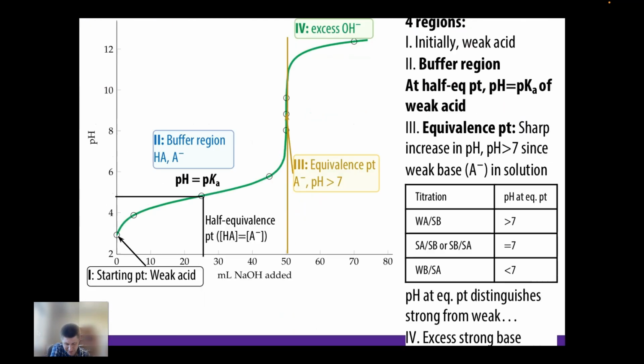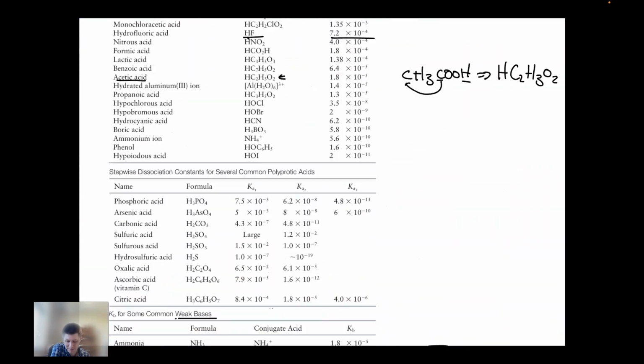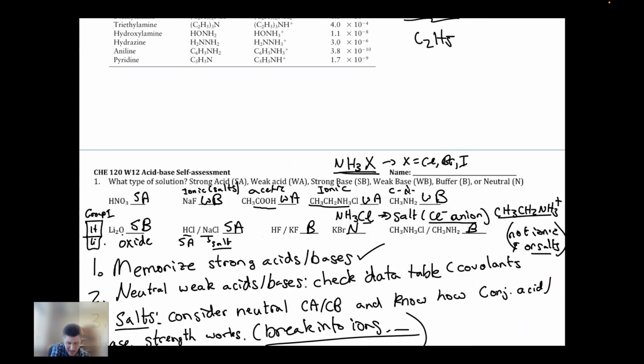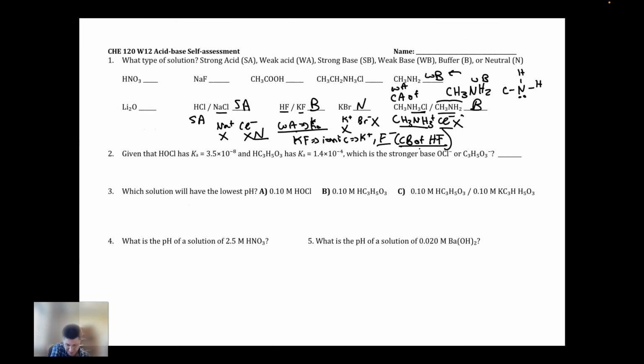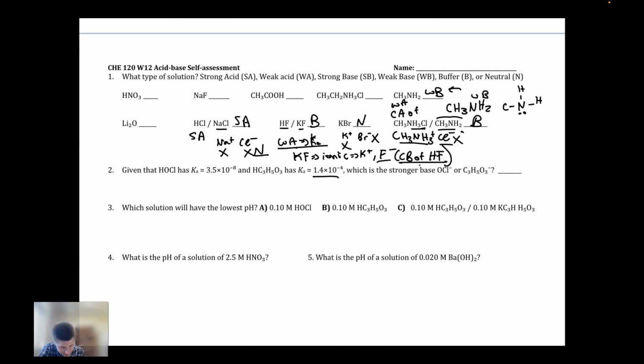So in this case, just from applying that, you could calculate the Kb's, but you don't have to. In this case, we can see that this is a stronger acid because of the larger Ka. And again, the stronger the acid, the weaker the conjugate base. So that means that this is the weaker base, which makes OCl- the stronger base.